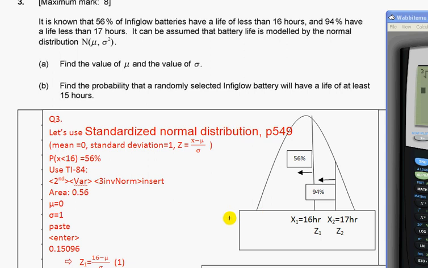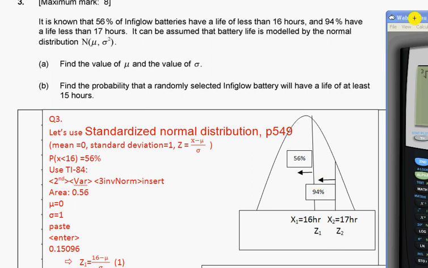So there is some value z1, and for this z1 the left part has probability 56%. This value z2 and left part has probability 94%. So let us find this value z1 and z2 using our calculator.